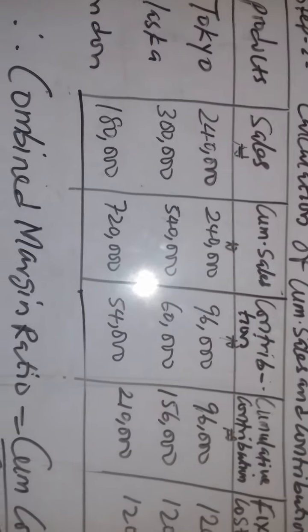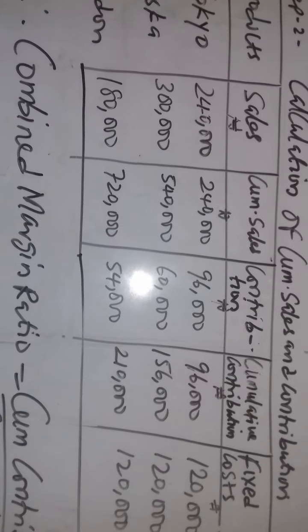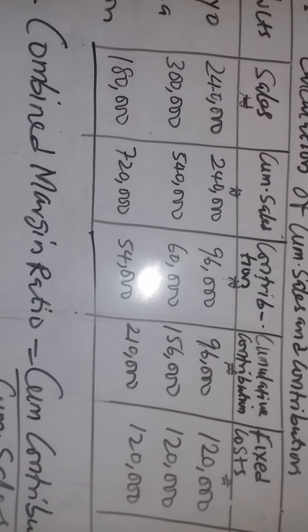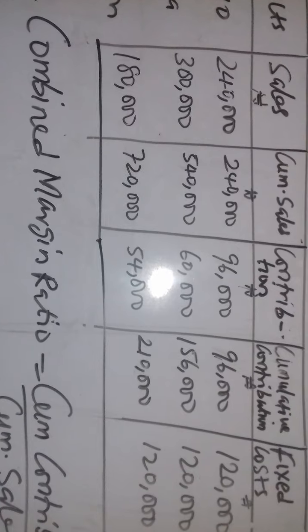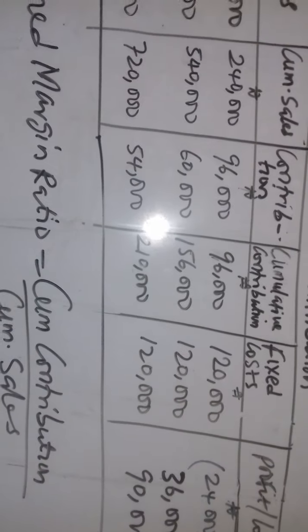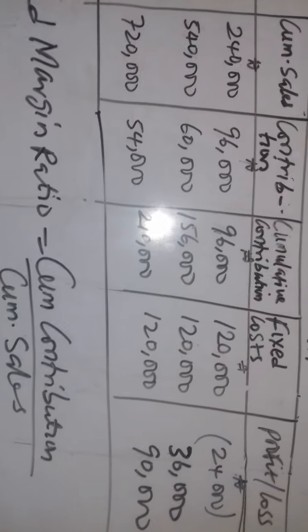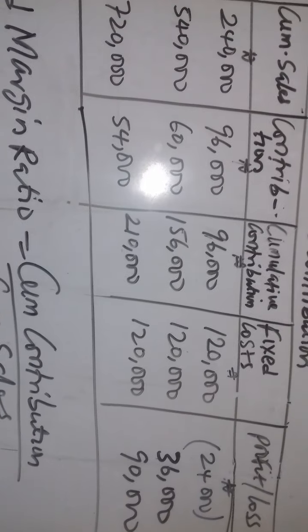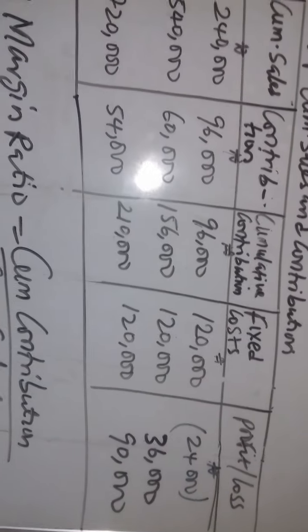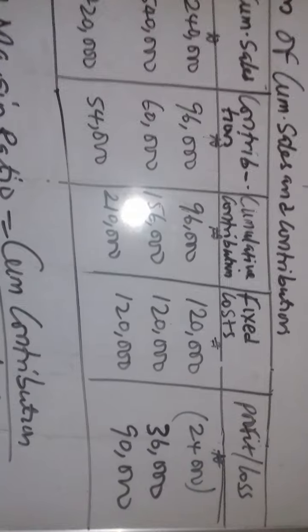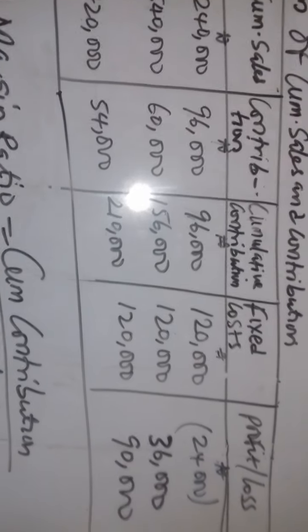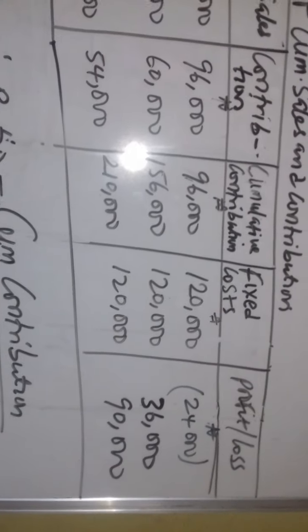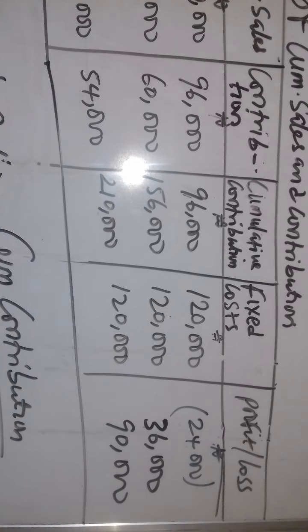London is 180,000, and the cumulative sales of the company becomes 720,000. Contribution for that product is just 54,000. The cumulative contribution is 210,000. What next? Fixed costs remain constant. Therefore, the company will make a net profit of 90,000.